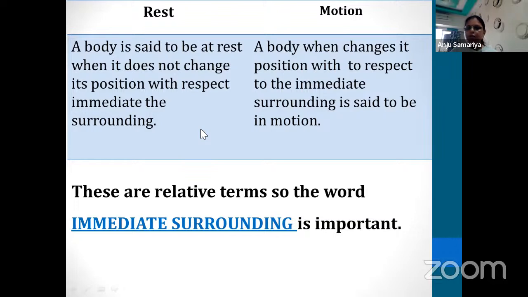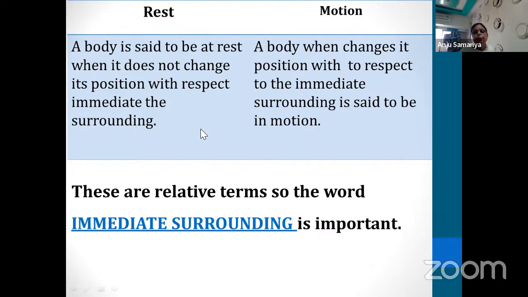If you just look around your surrounding, your position is not changing with respect to your immediate surrounding, so you are at rest. When a passenger train is moving, the passengers sitting inside the train are at rest with each other. But for someone who is standing outside, the entire train is moving, so the train is in motion.